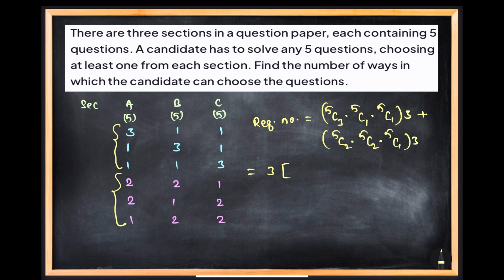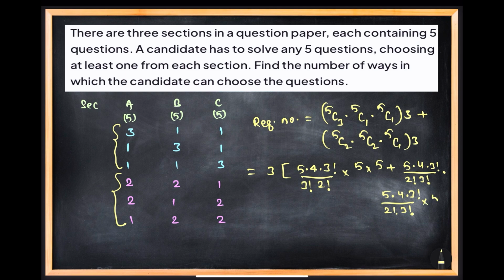Now 5C3 is 5 factorial over 3 factorial, 2 factorial. 5C1 is 5. Now 5C2 is 5, 4, 3 factorial over 2 factorial, 3 factorial, into 5, same thing, and 5C1 is 5.